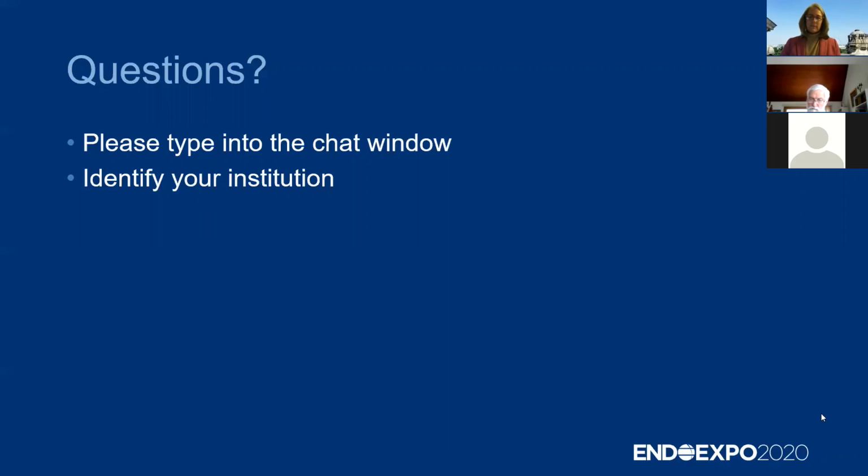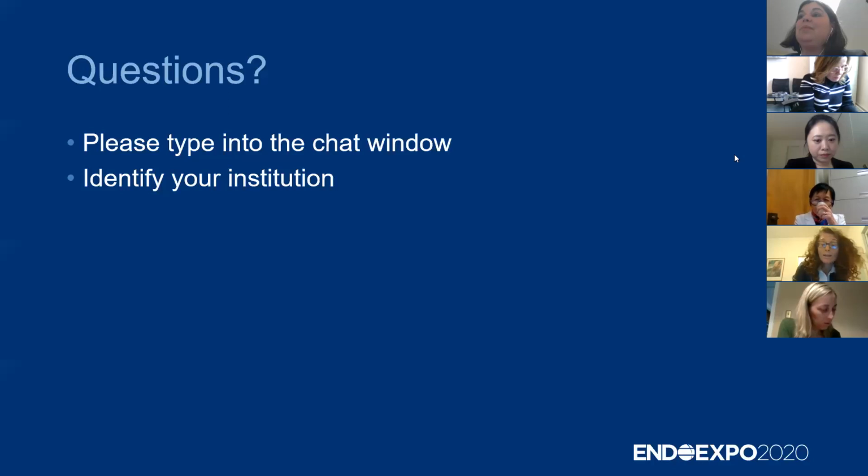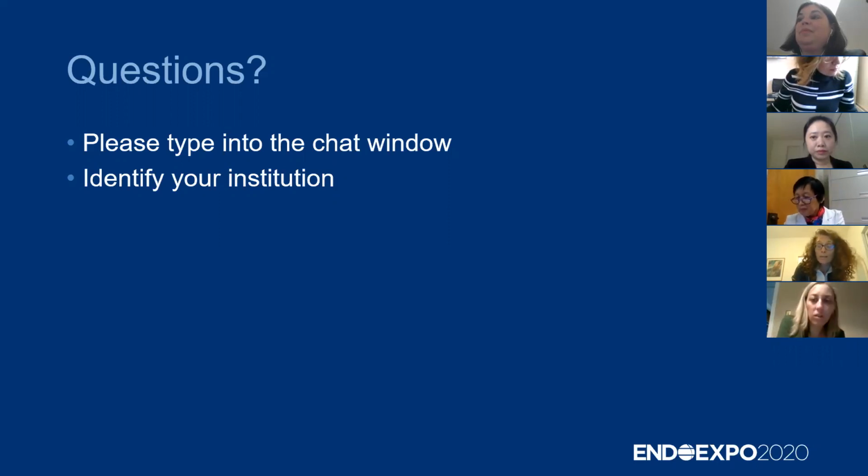So the current recommendations by the ADA, by the Endocrine Society, by many European organizations, and by the IDF actually, are that people with diabetes should be screened for cognitive impairment, and that cognitive assessment should be part of the routine checkup of older people with diabetes.